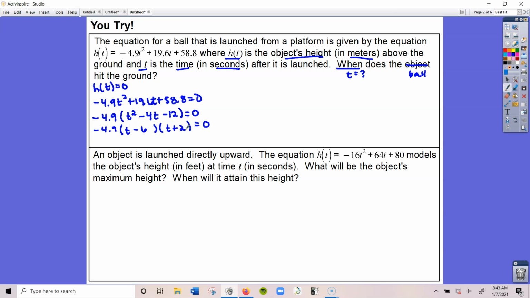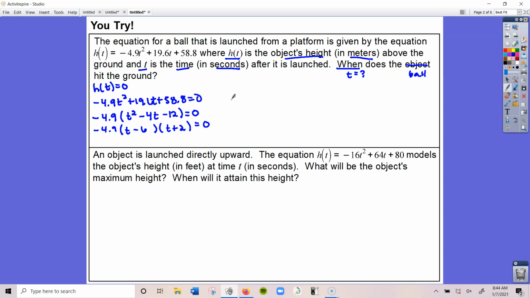As a reminder, how to factor: you take the two numbers that multiply to give you negative 12 and add to give you negative 4. The two numbers would be negative 6 and 2. So basically, I would open my two parentheses and put t minus 6 and t plus 2, because negative 6 times 2 is negative 12 and negative 6 plus 2 is negative 4. And that would give me my factors.